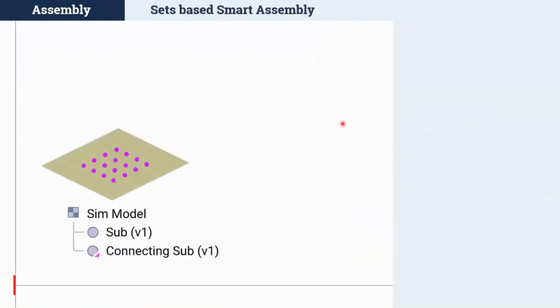In a similar manner, we have added a set-based smart assembly that was already available in previous versions of ANSA. But in this one, we have modified it in such a manner that users are able to use GEBs.